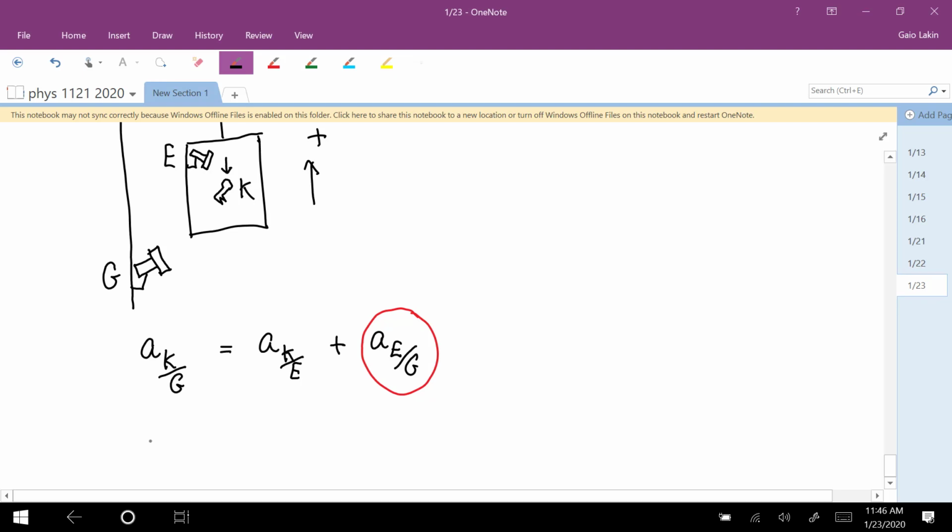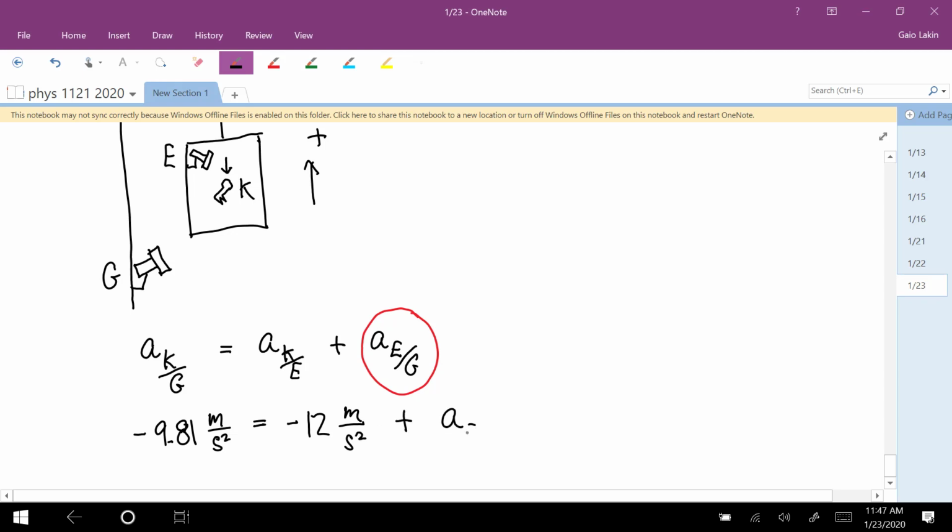So we have negative 9.81 meters per second squared because the keys are in free fall. Okay. What's the acceleration of the keys that's seen by the elevator? Yep, and it's down, so it's negative. So negative 12 meters per second squared.